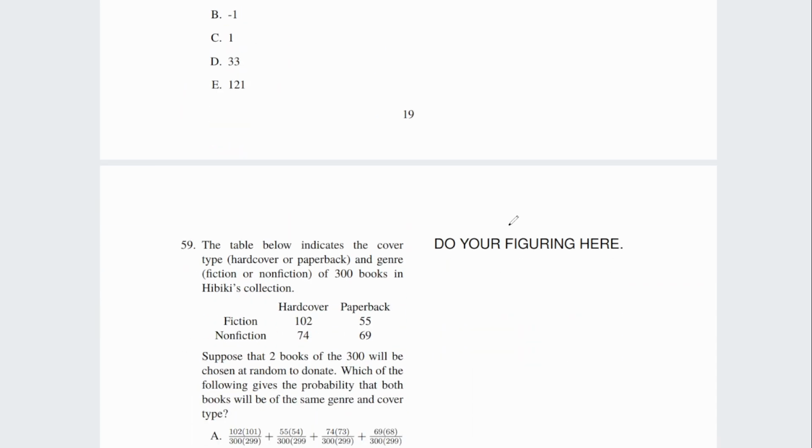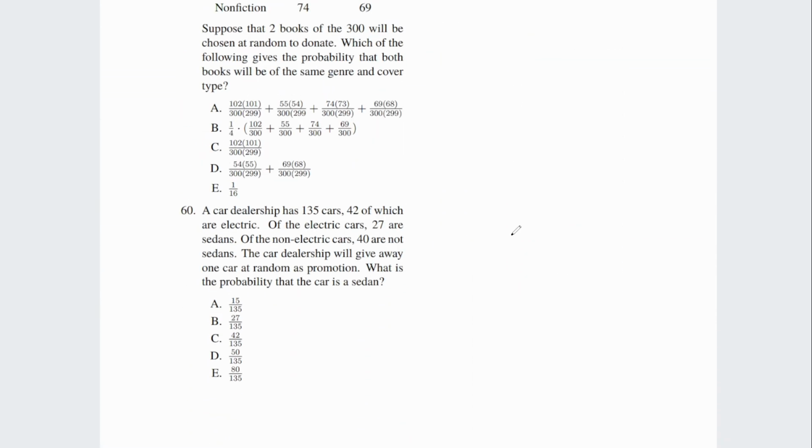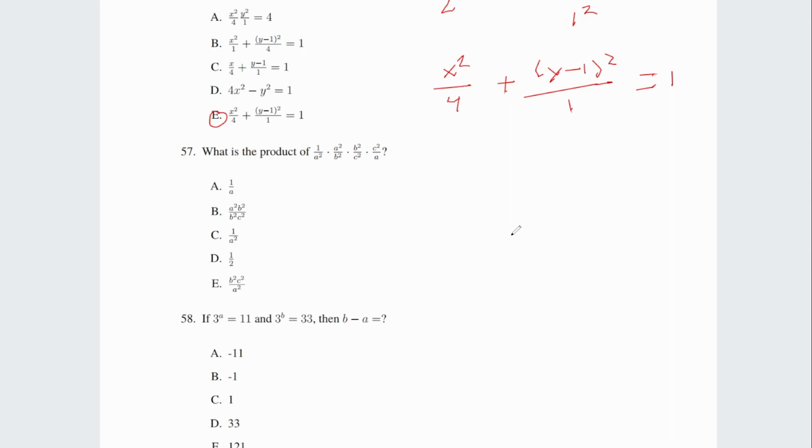So now we're leading into more problem-solving type problems. These aren't as much about your math skill, and these tend to be more about your ability to solve problems with solutions that you already know, but apply them to an interesting set of circumstances. 57 asks, what is the product of 1 over a squared times a squared over b squared times b squared over c squared times c squared over a?